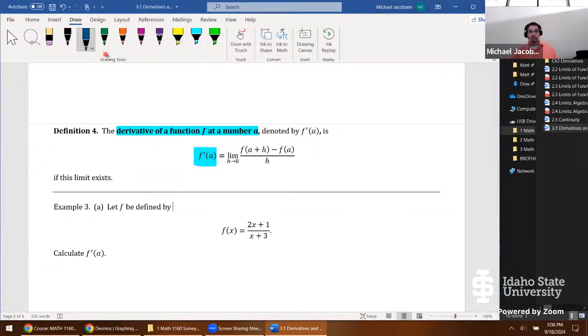And just for another reminder, this is always the slope of the tangent line at x equals a.